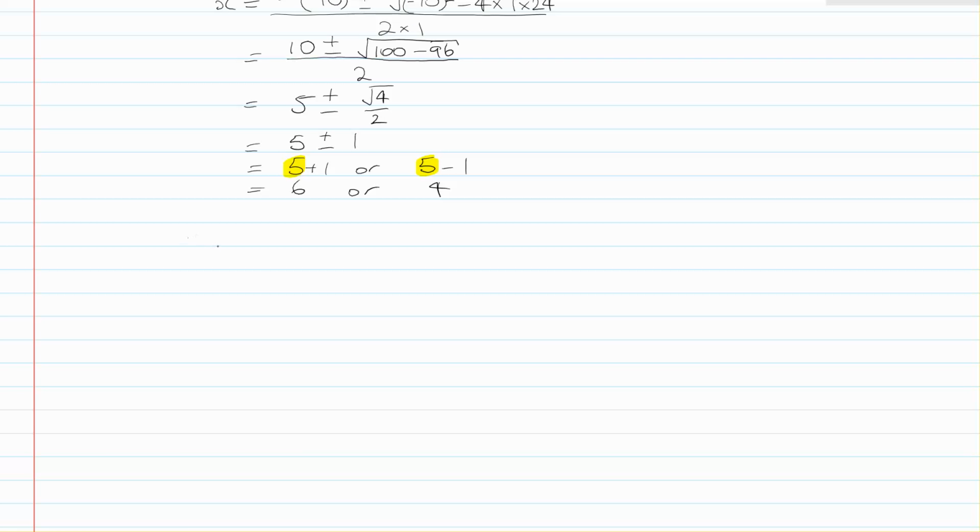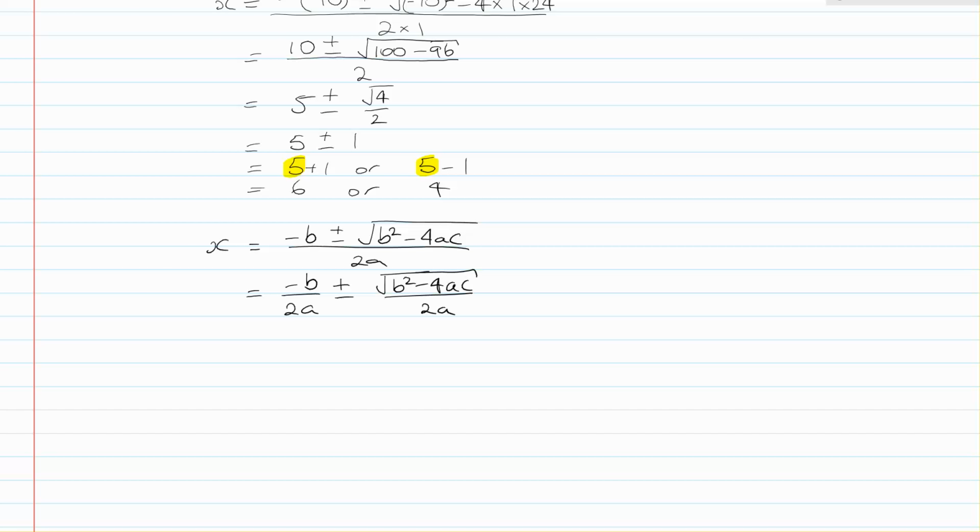So the quadratic formula is x equals -b plus or minus the square root of b squared minus 4ac over 2a. If I split this fraction up, I get -b over 2a plus or minus square root of b squared minus 4ac over 2a. Just split the top in half.